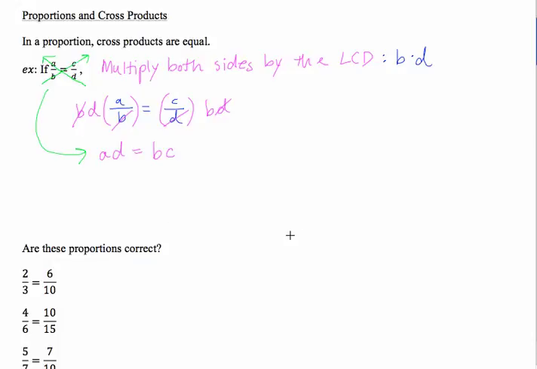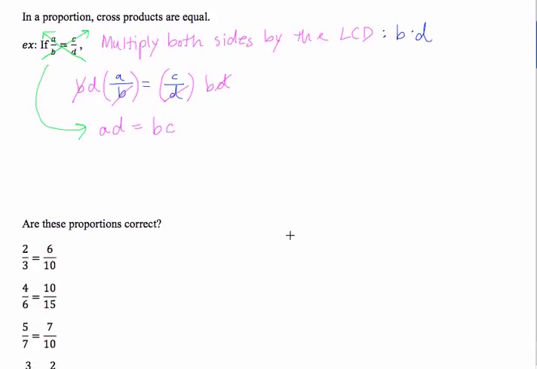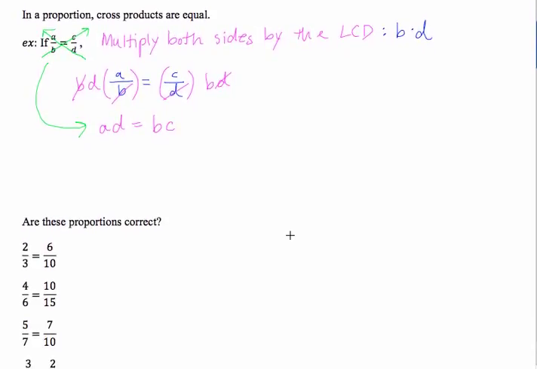So here, let's use this idea to check on these proportions down here and see if they are in fact equal. Does 2/3 equal 6/10? Well, let's check by using cross products. So if I was to multiply both sides by 30, what I would get is the same thing as if we cross multiply.